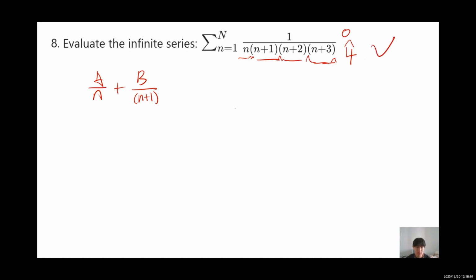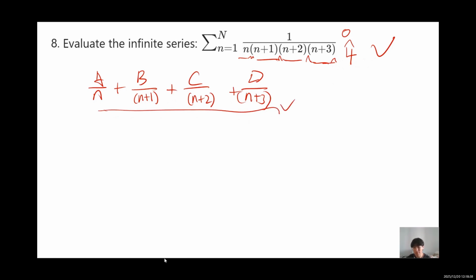So okay, that's proper, we can move on. Plus 3c over n plus 2 plus 4cd over n plus 3. That seems to be easy, but still annoying. Can we find some way that is easier?